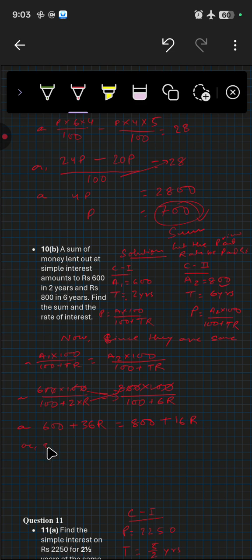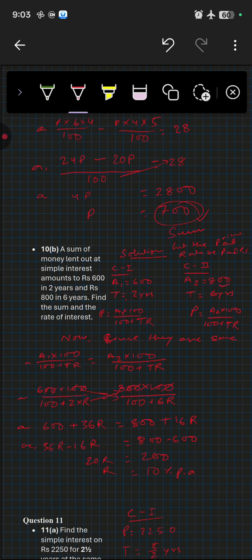So all alphabet on the left side, 36R minus 16R is equal to 800 minus 600, that is equal to 20R is equal to 200, whereas R is equal to 10. 20 will come and divide 10. So rate came out 10% per annum.